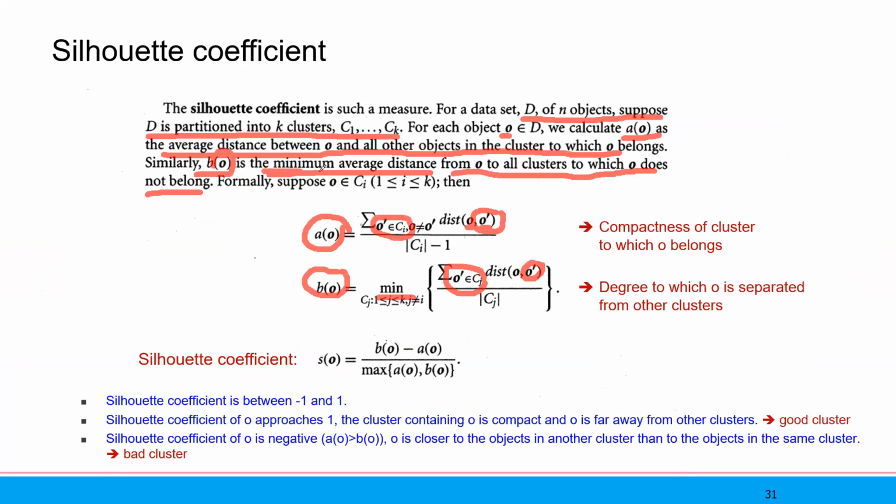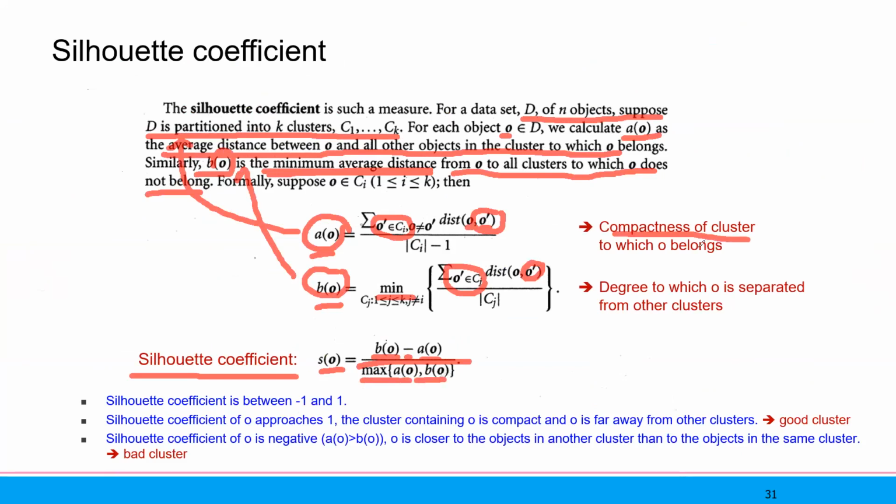So we want to find the minimum average distance for B(O), and we want to find the average distance for A(O). After we have A(O) and B(O), we can measure the silhouette coefficient. So the silhouette coefficient is B(O) minus A(O) for that particular object, divided by the maximum of A(O) and B(O).